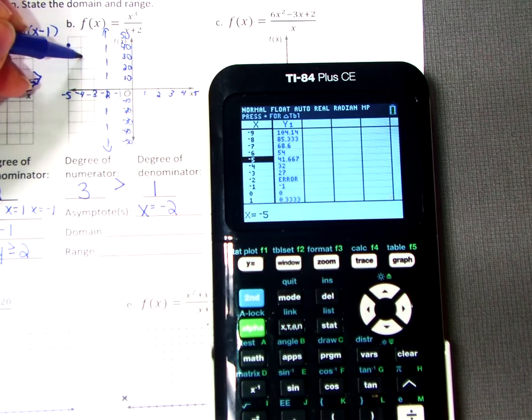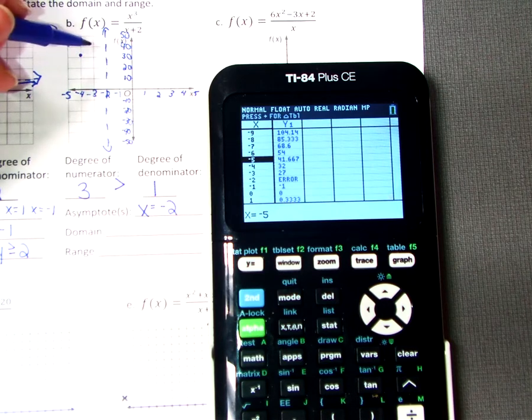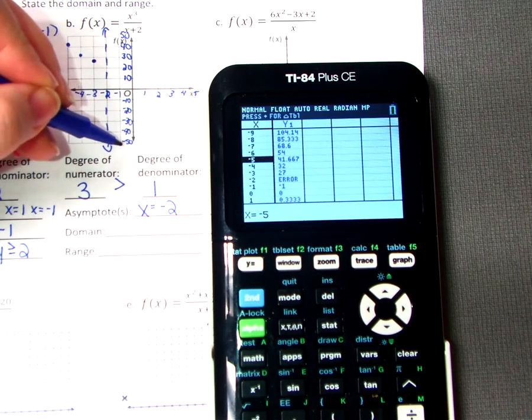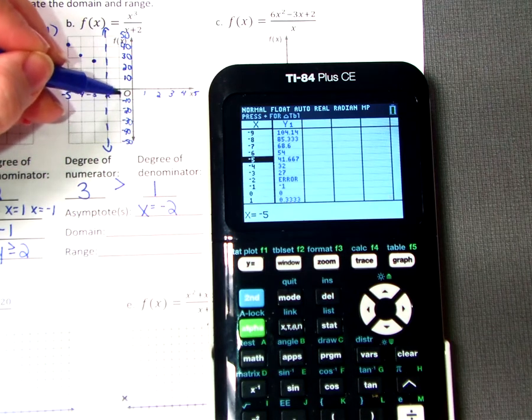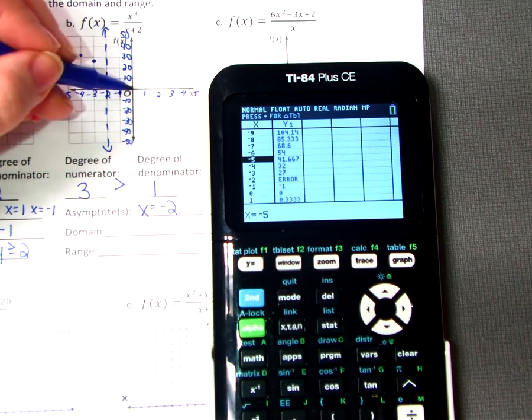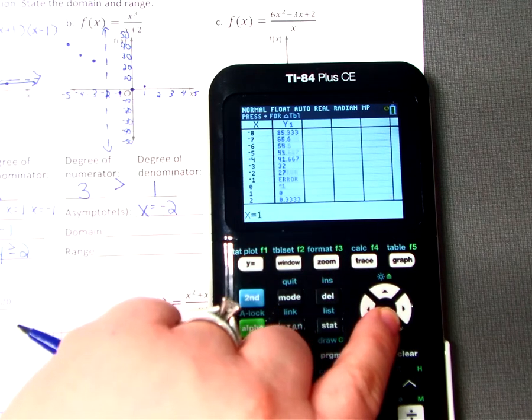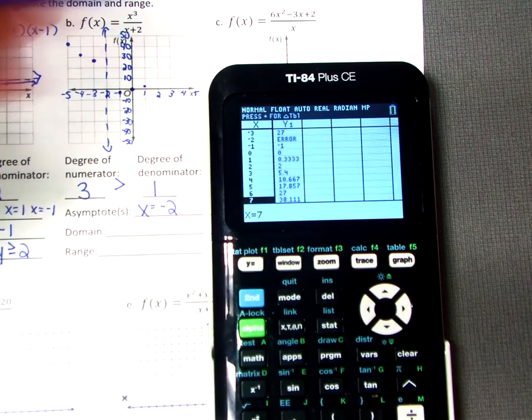And then negative 3, it's at 27. At negative 1, it's at negative 1. Then 0. Then 0.3. And I can scroll all the way down to get some bigger numbers here. At 5, it's at 17.